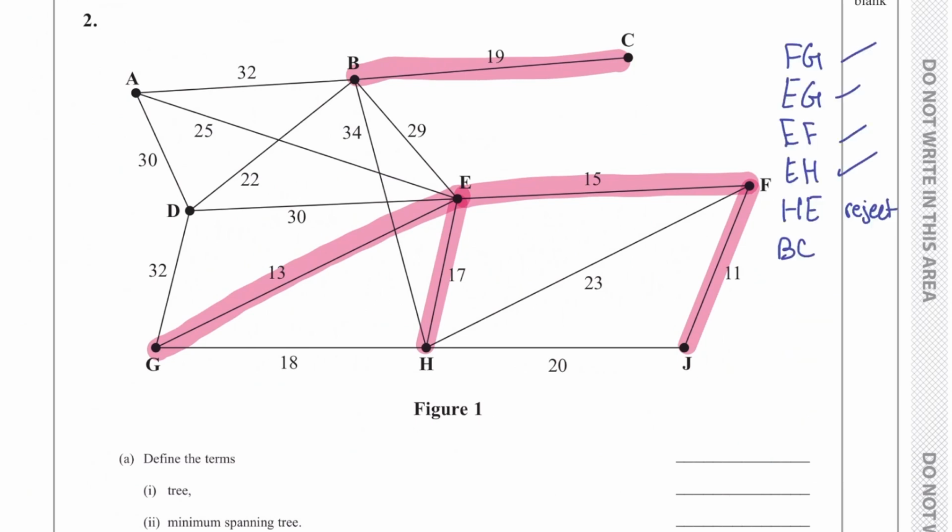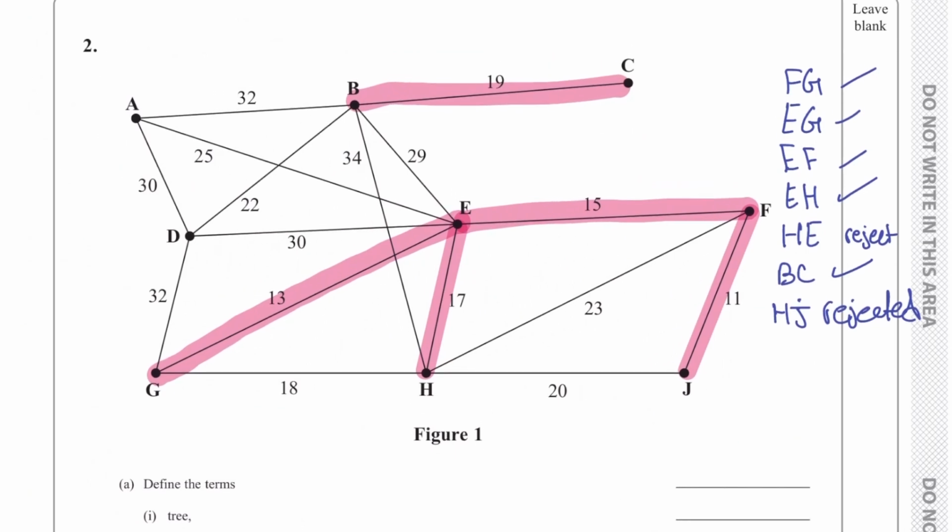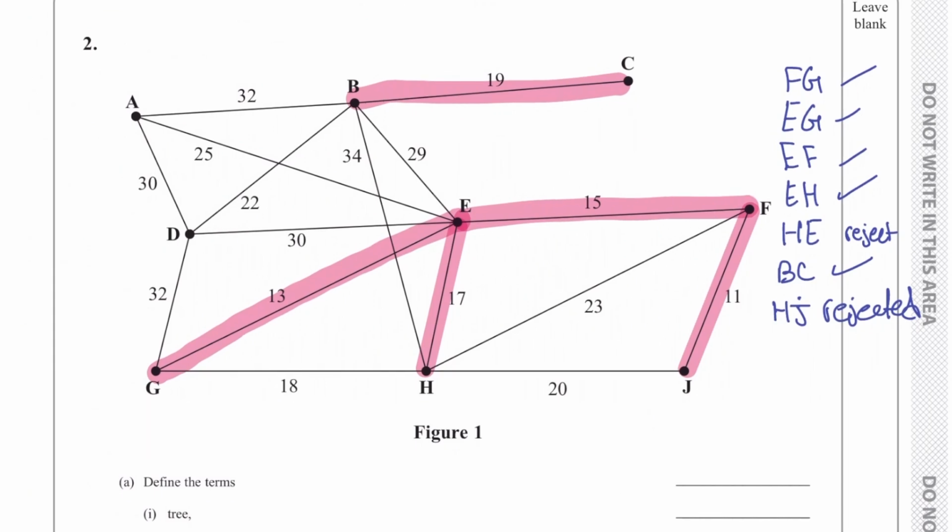So BC is accepted and HJ is rejected. And then we got to look at the next smallest one. We stopped at AJ, then 20, so we want to find something that's bigger than 20, which is this 22, I think. So we're going to accept BD. It does not form a cycle.